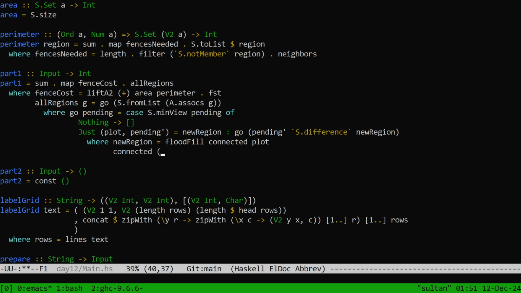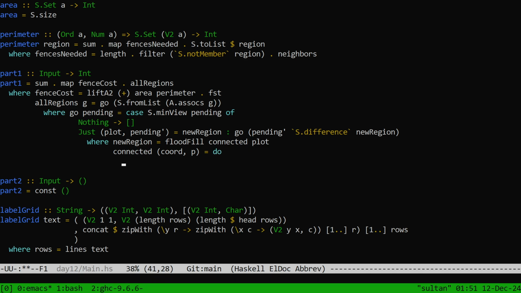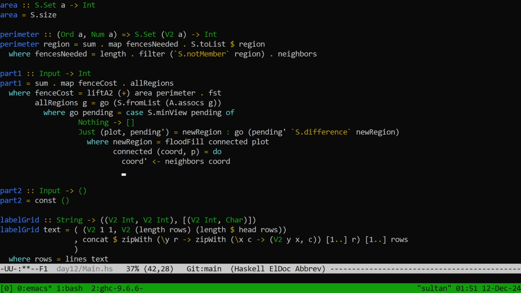Connected coord P is... I hate this part. Let's see. Do? It's never on start with a do. Coord prime from neighbors of coord.